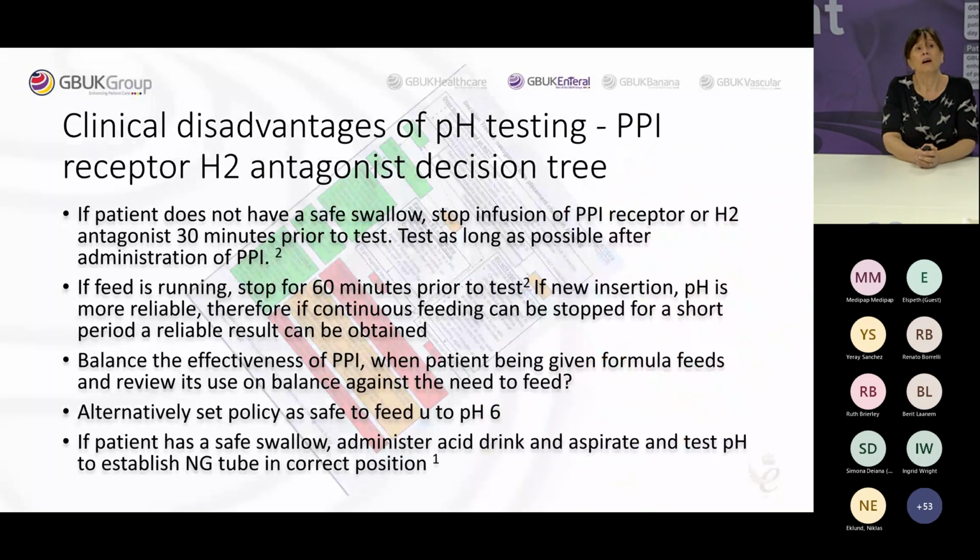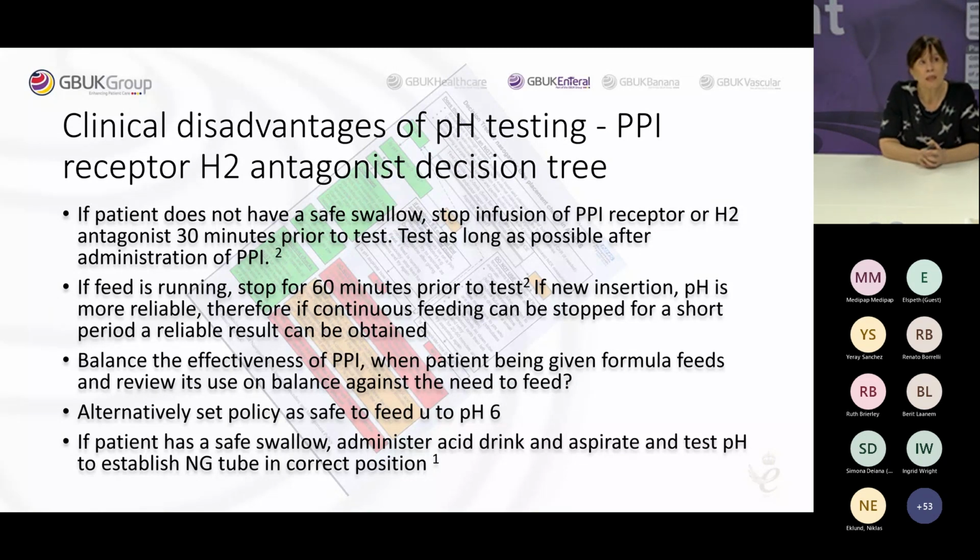When it comes to PPIs or H2 antagonists, talking to different people in different hospitals in the UK who have policies on this, there's several different ways to work with this if this is a problem. If a patient doesn't have a safe swallow, it's suggested that stopping the infusion of the PPI or the H2 antagonist for about 30 minutes prior to the test, or testing as long as possible after the administration of those drugs, can help to achieve a favourable result.